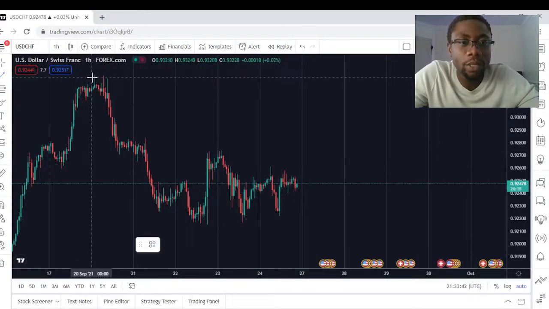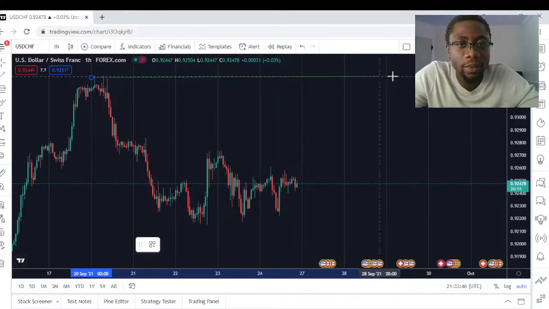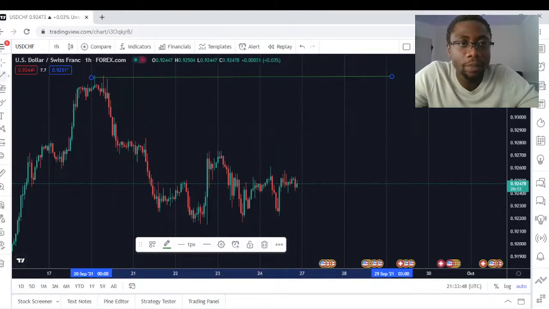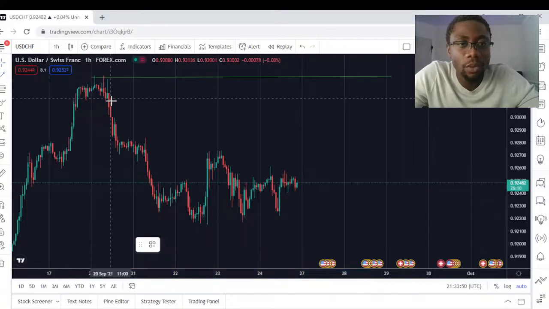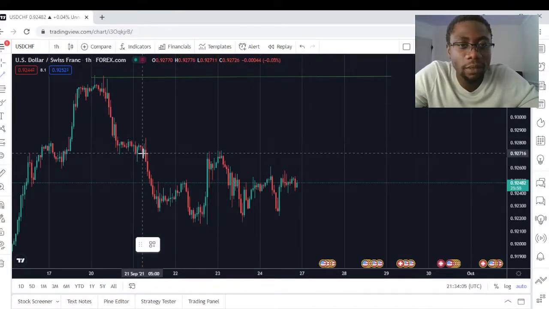So we can put this level right here as one. Price swung down and created this level right here. We have the swing high of it, which seems to be still affecting, and then you have the swing low.